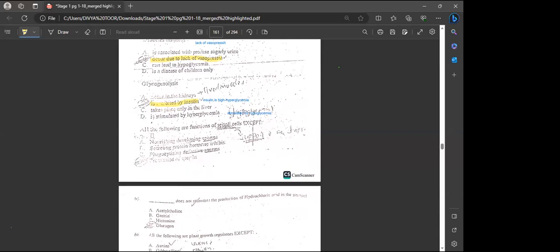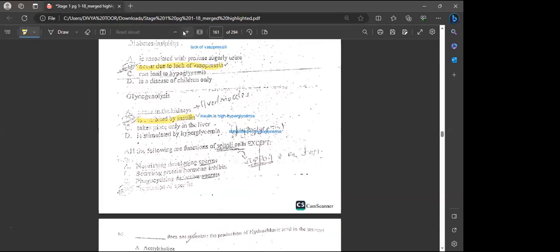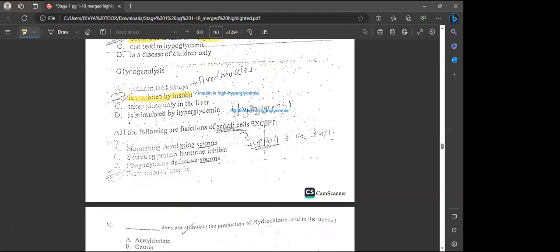Okay. All the following are functions of Sertoli cells except: nourishing developing sperms, secreting protein hormones, phagocytizing defective sperms, production of sperms. I don't know what this is. Inhibin.